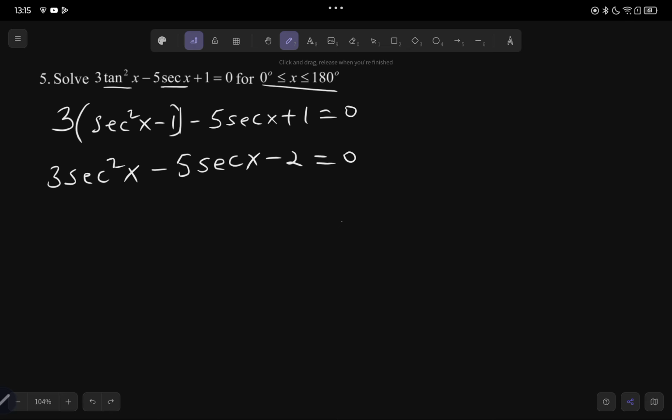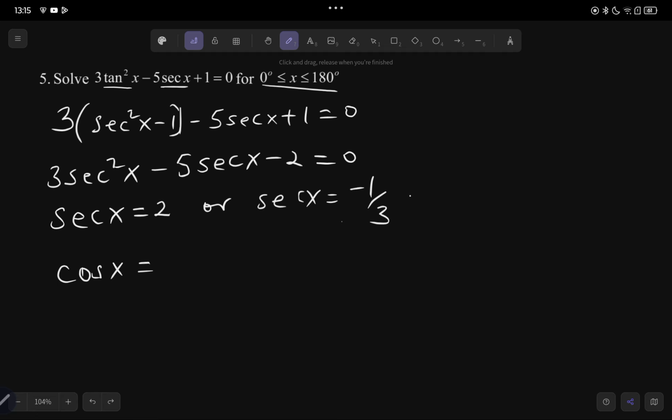When you solve this expression, or when you factorize fully, either you factorize or use the formula method, you will get sec x being equal to 2, or sec x being equal to negative a third. Since sec is 1 over cos, you'll have cos x, the reciprocal of 2, is a half, or cos x is -3, which can't happen.